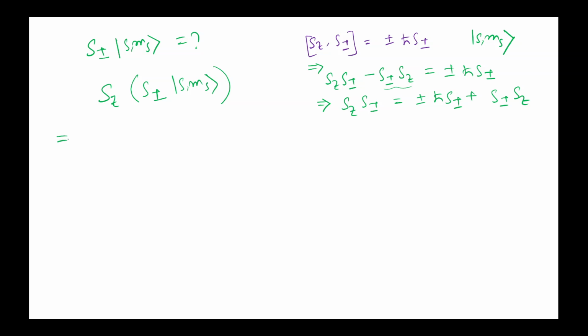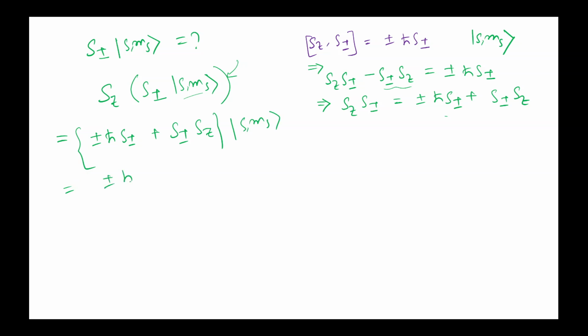You can write it from here: ħ S plus minus plus S plus minus Sz, as a whole operating on this wave function, only this, so it's operating on |s, ms>, right?